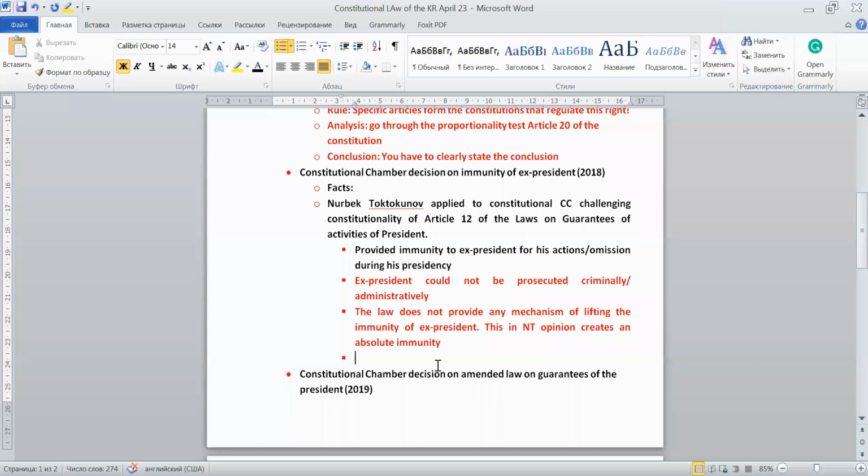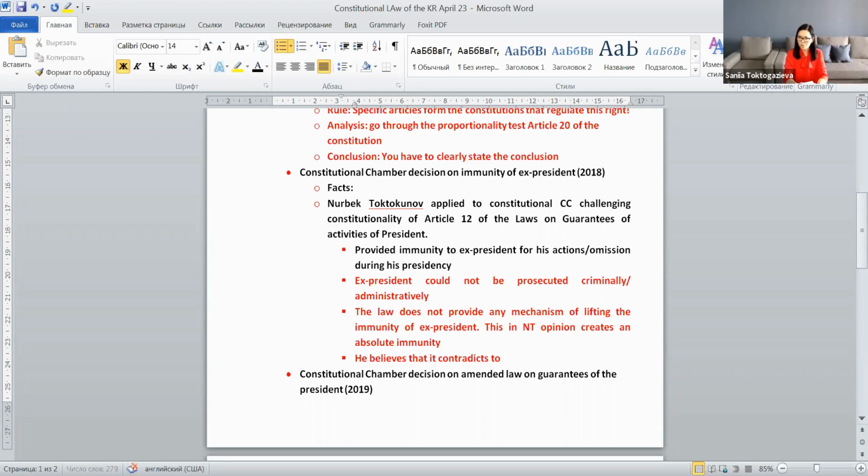Well, it contradicts Article 16. Okay, and Article 16, Part 3, yes. Okay, and what is this article of the Constitution about? It's the article about the rights and freedoms of every person in the Kyrgyz Republic, that everyone is equal in the face of the law. The principle of what?